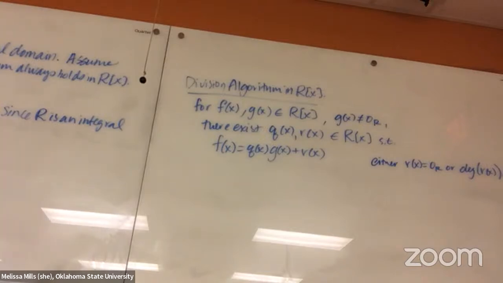Now, I didn't know this immediately. I started with the opposite, and then I got messed up. You need to pick an F of X and G of X, so you just play around until you figure out what's going to work.